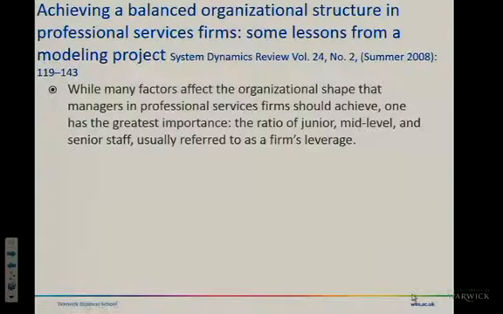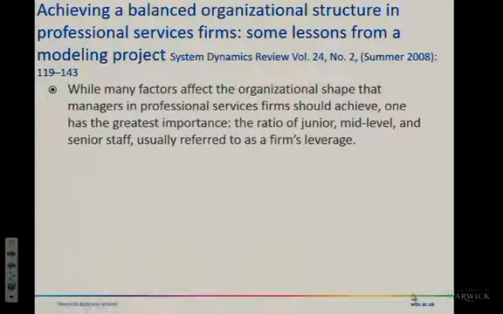Interesting, because one of the main problems that professional services firms have is the ratio of three main types of staff. One is the junior staff, the people that just start working in the firm without too much knowledge, without too much experience.